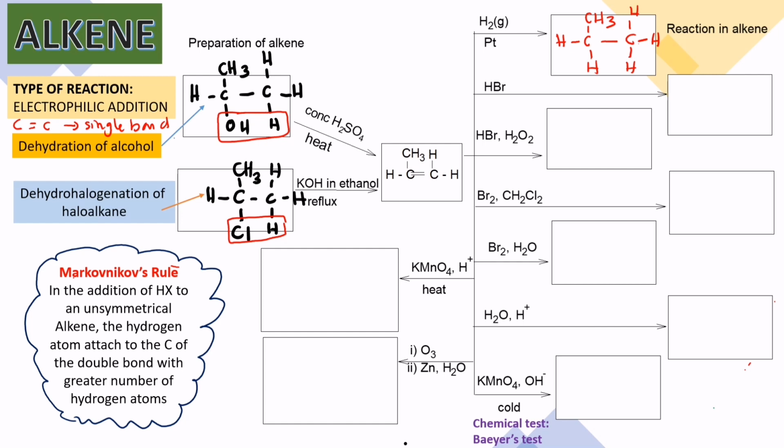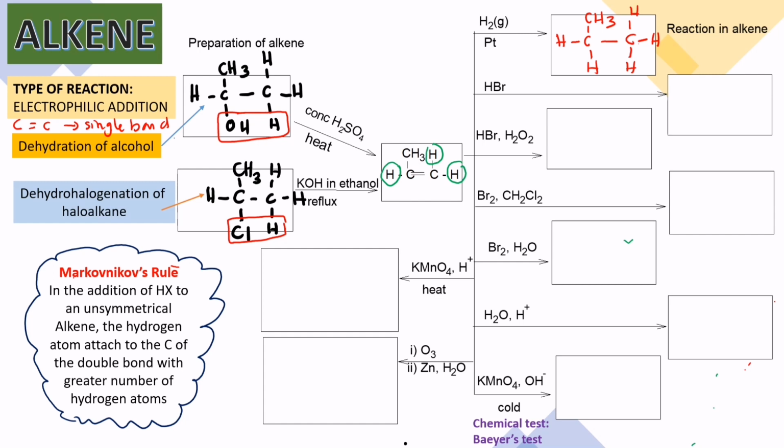What is meant by unsymmetrical alkene? Unsymmetrical alkene means that at the carbon-carbon double bond, there is an unequal number of hydrogen atoms. For example, the first carbon has two hydrogen atoms and the second carbon has only one hydrogen atom.